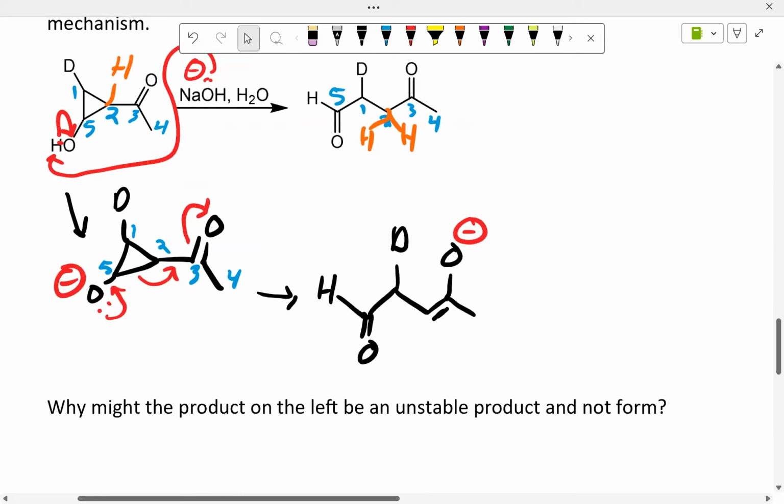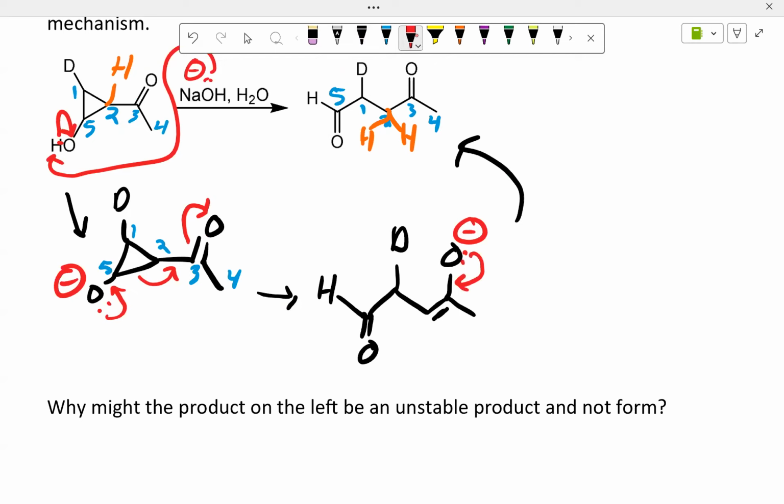So we can get directly to the products now in one step. We need to form a carbonyl, and at the same time, remember, this is carbon 2. Carbon 2 currently has 1 electron, but it needs 2.